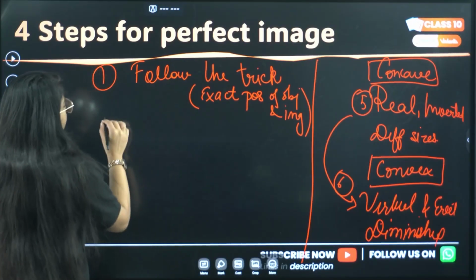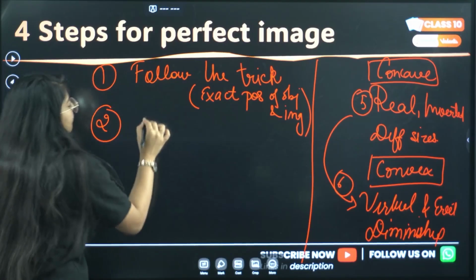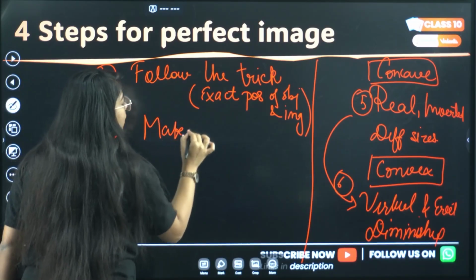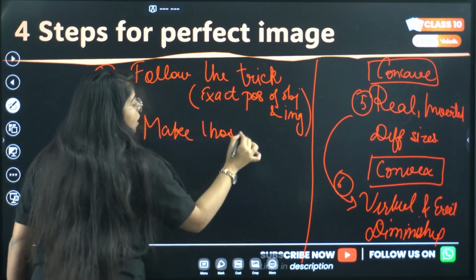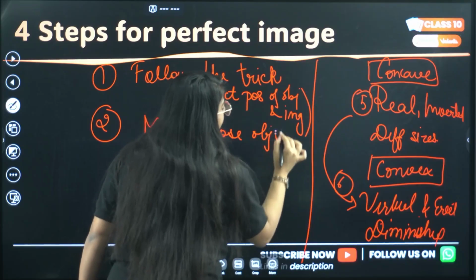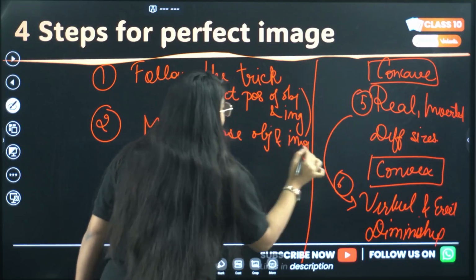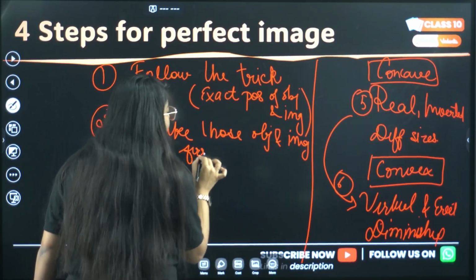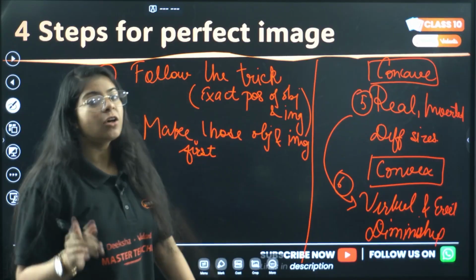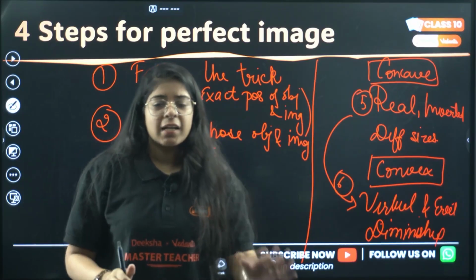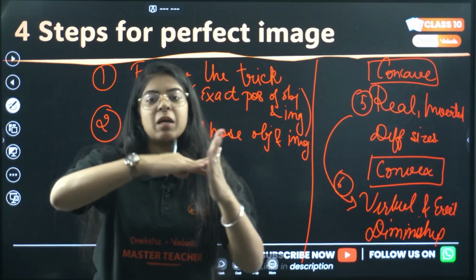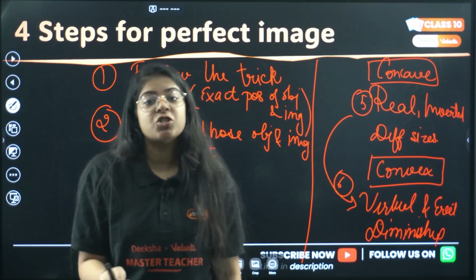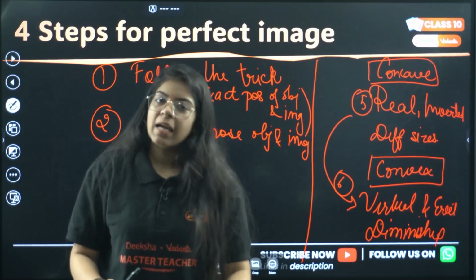Okay, you know the trick, now you follow the trick. Make those object and image in your ray diagram first. No rays, nothing. Make a concave mirror, make principal axis, and then make those objects and images.